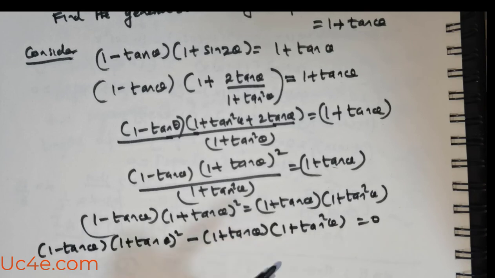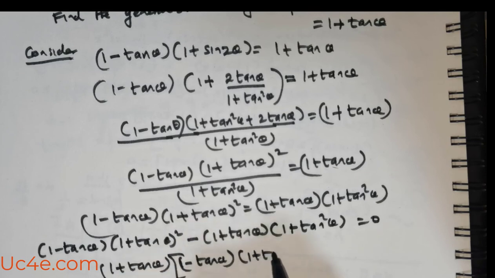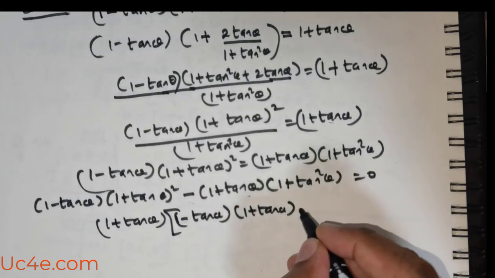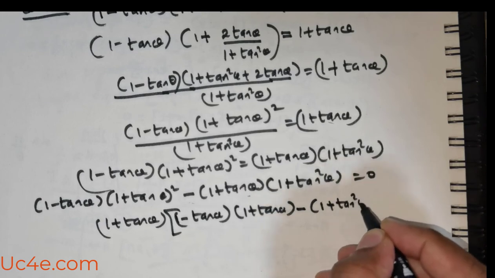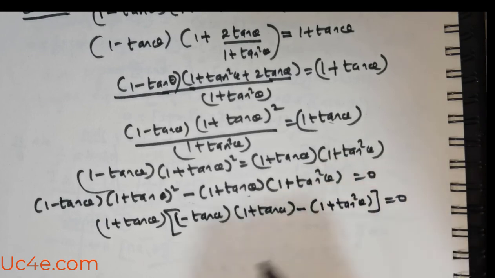Now (1 + tan theta) can be taken out, and that would in turn give me (1 + tan theta) times [(1 - tan theta)(1 + tan theta) - (1 + tan squared theta)] = 0.